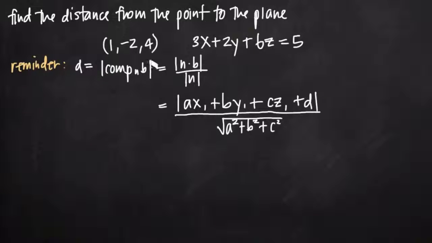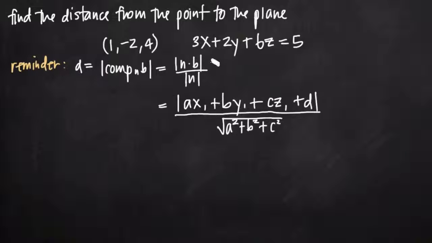Now we're going to be using a formula for distance, and you can generate this formula yourself. If you look at a picture of a plane and a coordinate point off of that plane, the distance between them can be described as the component of b along n, or the scalar projection of b along n, where n is the normal vector to the plane, the vector which is orthogonal or perpendicular to this plane.